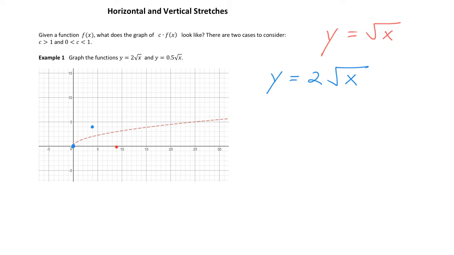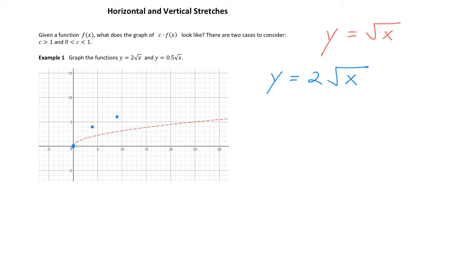Okay, I know the square root of 9 gives me 3, and if we multiply the y value of 3 by 2, it's going to go up to 6. So I can plot that value, 9, comma 6. And one more, I'll look at the square root of 16, which is 4, and if I double 4, that's going to go up to 8.